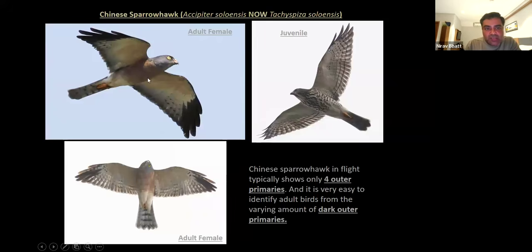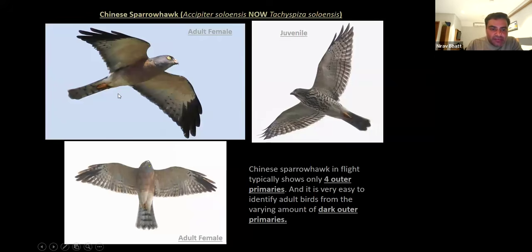Okay, it is not there in all the birds, as I told. Sometimes the birds may not have all the primaries very dark, but it is overall darker. Sometimes Shikra has this darker, but not as much. This is the most amount of dark of all birds of India.